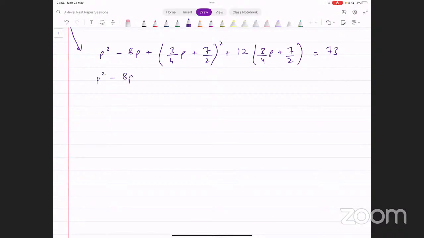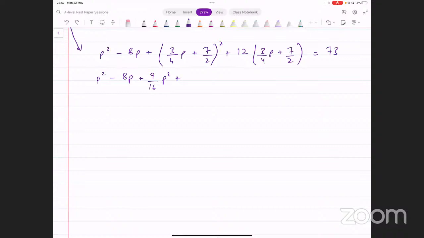This gives us p squared minus 8p plus 3 over 4 p whole squared. What would that be? 9 over 16 p squared plus 2 into this. Let's do that: 2 into 3 over 4 into 7 over 2.